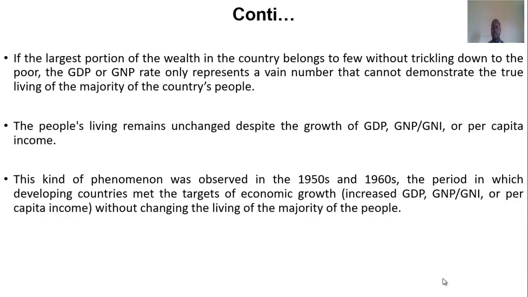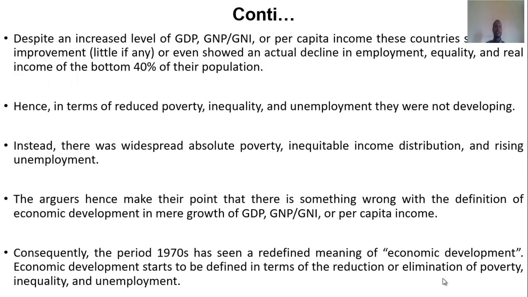And it seemed, for a short period of time, that the GDP, GNP, GNI, or per capita income was increasing, but later on we will see what happened. Despite an increased level of GDP, GNP, GNI or per capita income in those countries, there was no improvement, or little if any, and even in some cases an actual decline was observed.